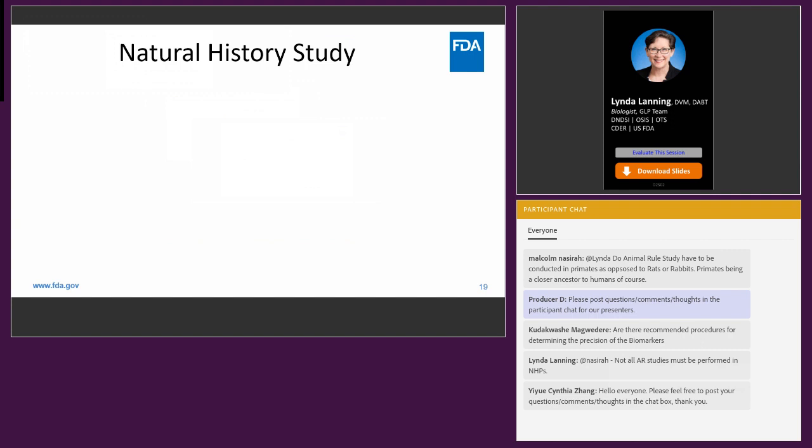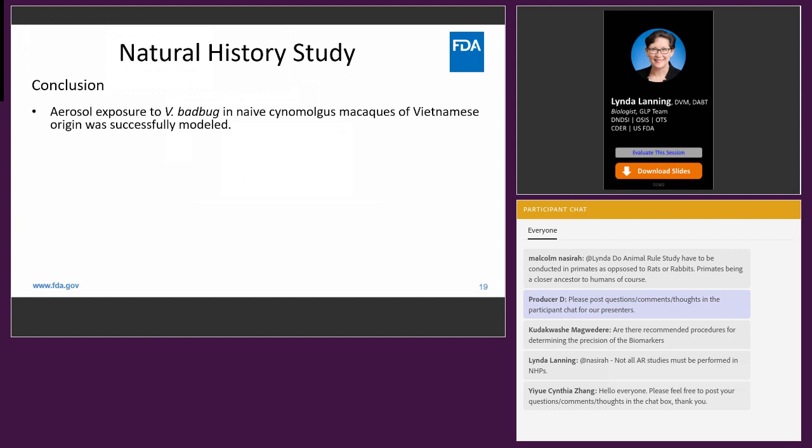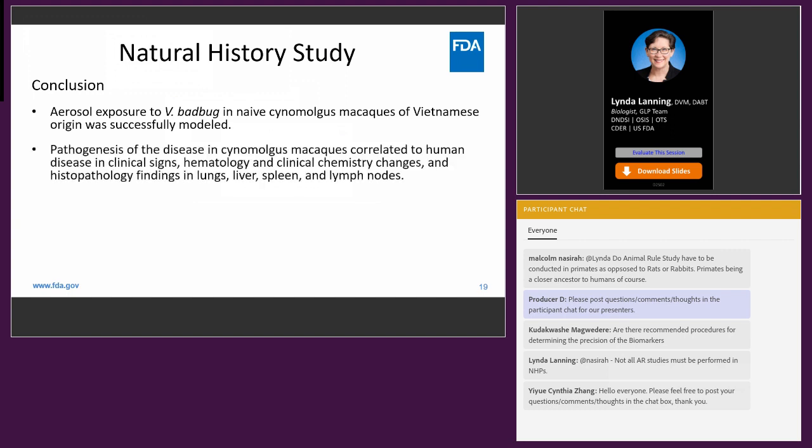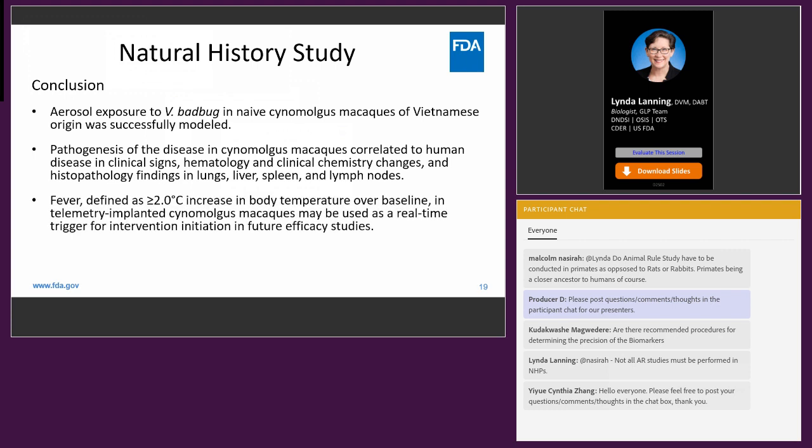So as we discussed, the study did successfully model aerosol exposure to V. bad bug in naive cynomolgus macaques of Vietnamese origin. The pathogenesis of the disease in the test system correlated to human disease in clinical signs, hematology and clinical chemistry changes, and in histopathology findings in the lungs, liver, spleen, and lymph nodes.